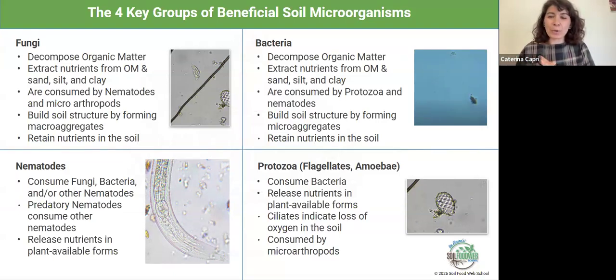So when we think about protozoa and nematodes, they are not directly decomposing organic matter or extracting nutrients from minerals, but what they do is feed on bacteria or fungi, and that is allowing us to then enter in the system food that is plant available. How does that work?